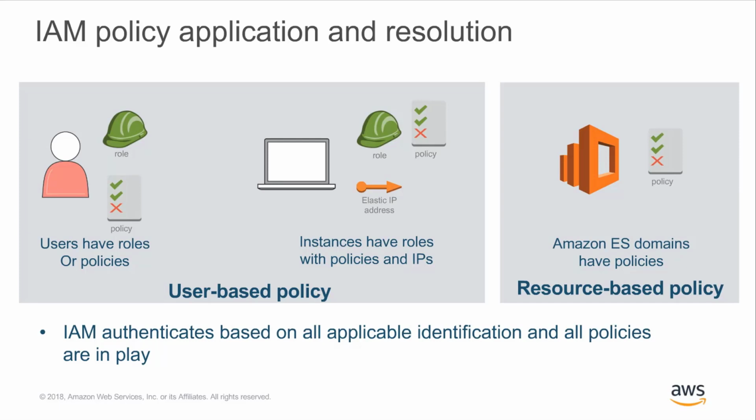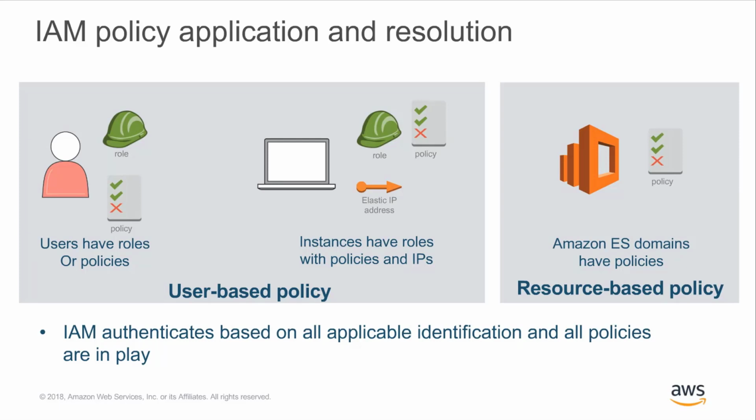User-based policies attach to individual IAM users, or in some cases, you can put a policy on a role, and that role will attach to a particular EC2 instance. Apart from that, you can also write an IAM policy which you attach to your Elasticsearch Service domain.